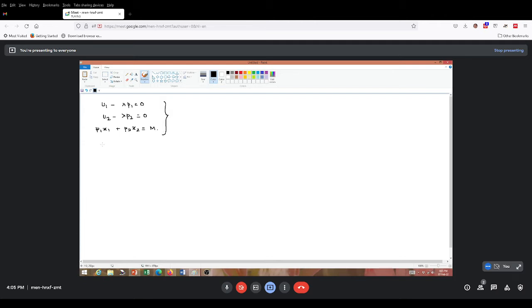If we solve this system, we are going to get x1 as a function of p1, p2 and m, the three parameters, prices and income. x2 is a function of p1, p2 and m. And similarly lambda, the solution value of lambda, in fact all these are solution values, so let us put in stars. So this is also a function of prices and income.